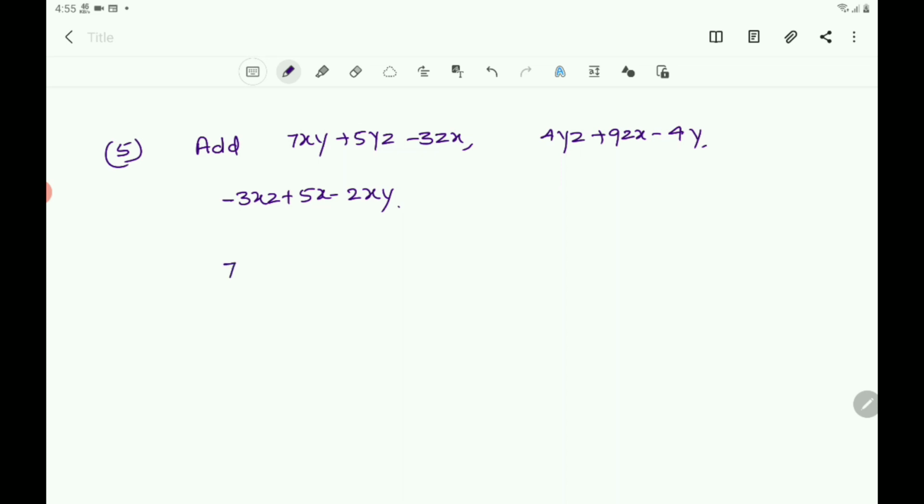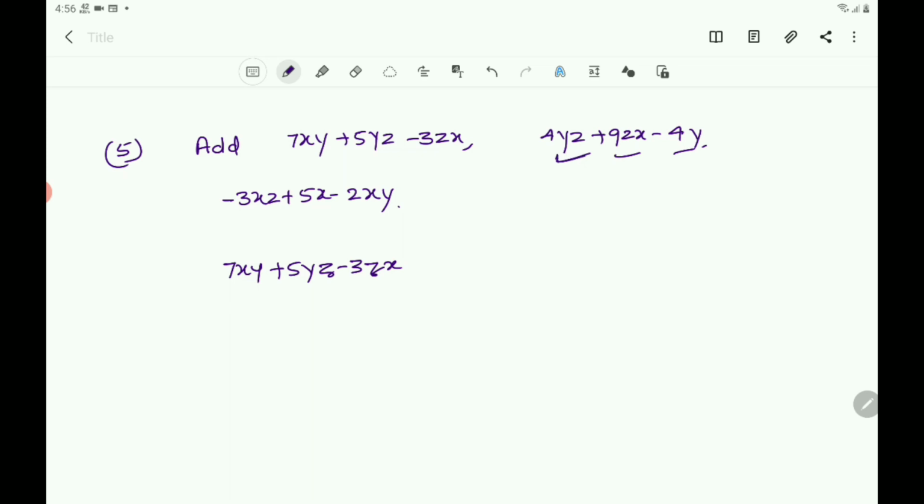First you write 7xy plus 5yz minus 3zx, and here 7xy is there. In the second expression xy is not there, so there is no like term to 7xy in the second expression, and yz is there.